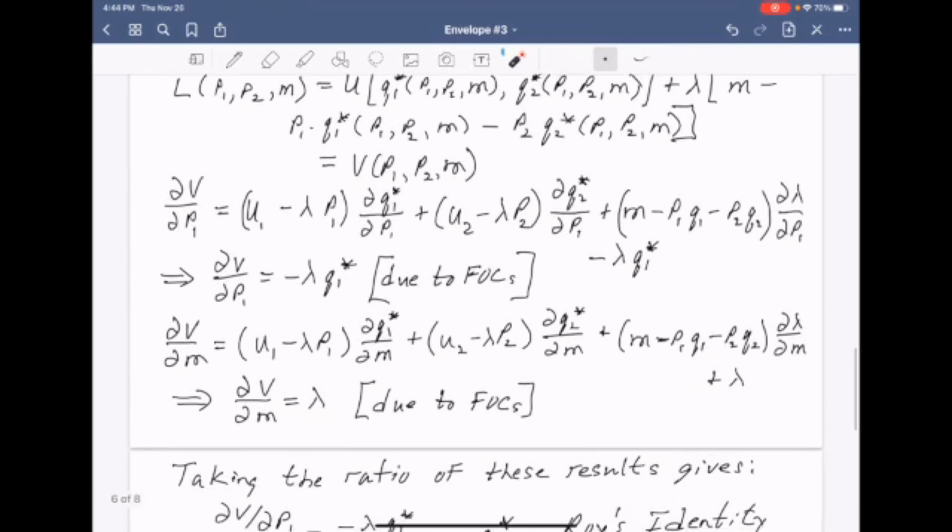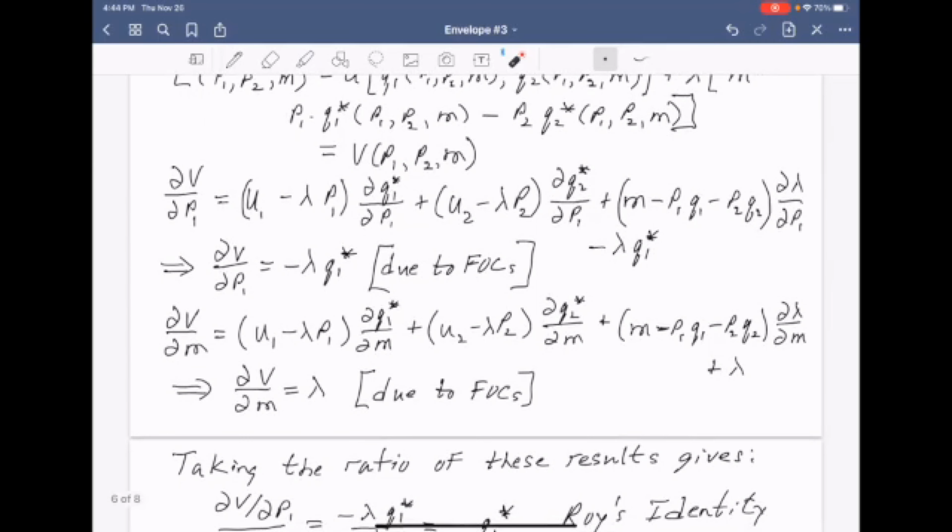Now, if we take the partial derivative of the maximum value function with respect to the budget M, we get a similar result, except this time when we multiply the marginal utility minus lambda times P for that particular good, we take the partial of that good with respect to the budget or income.